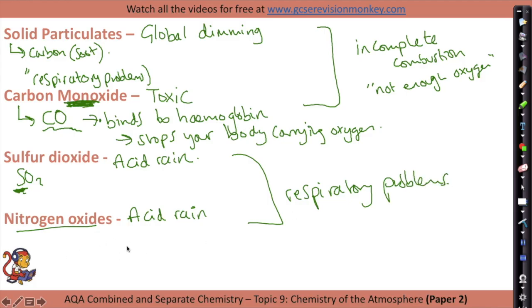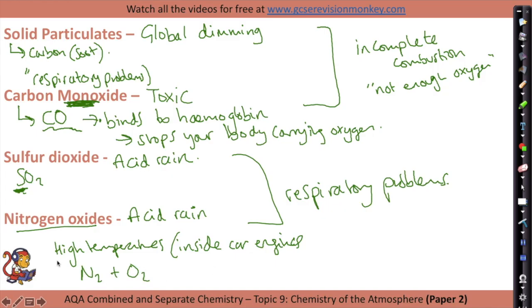Nitrogen oxides are formed at very high temperatures, so they are formed inside car engines, for example. They are formed because nitrogen reacts with oxygen, but this only happens in particular conditions at very high temperatures. And when these nitrogen oxides or sulfur dioxides rise into the atmosphere and dissolve into the water in the clouds, that is when they form acid rain.